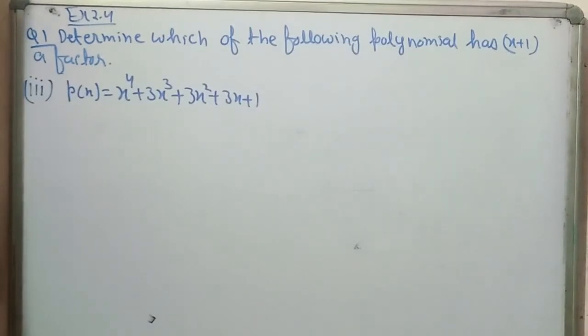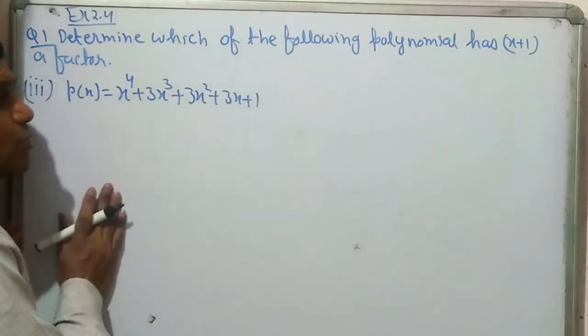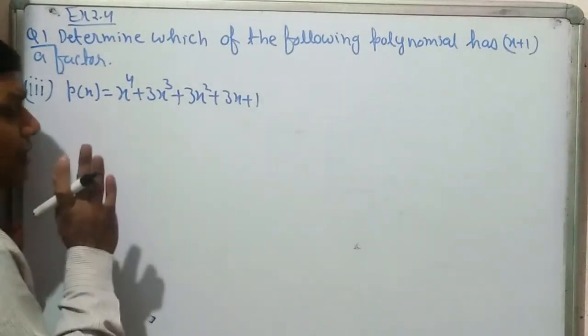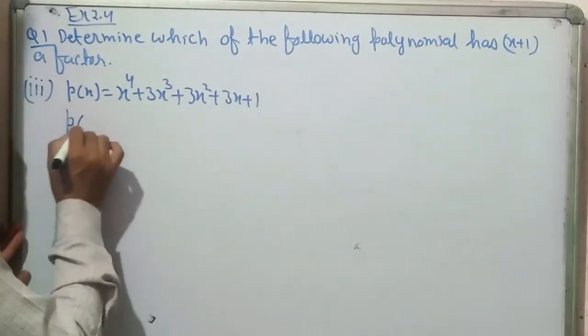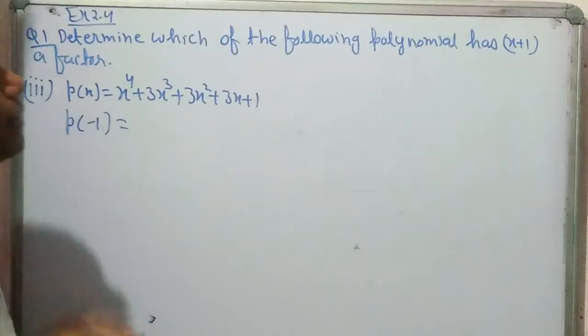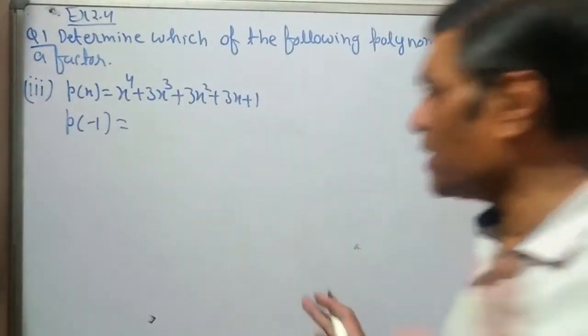The third part, dear students, is x raised to power 4 plus 3x cube plus 3x square plus 3x plus 1. What we have to do? Now can I directly find p(minus 1)? Because now I know x plus 1 has minus 1 as the zero. We have done two parts.